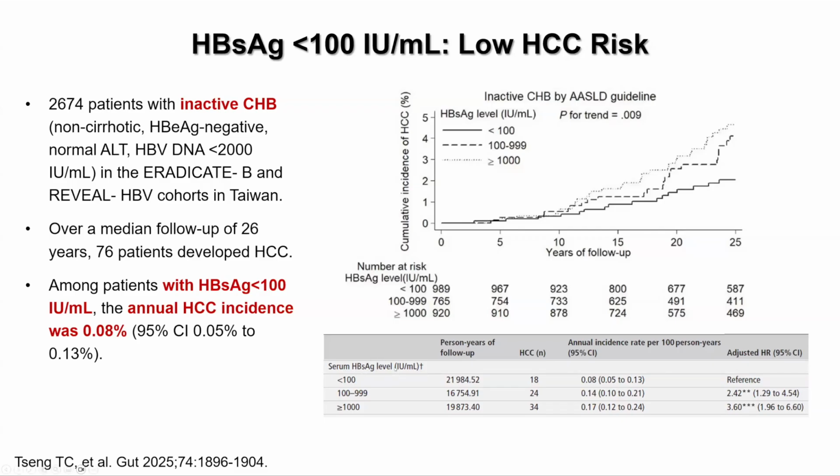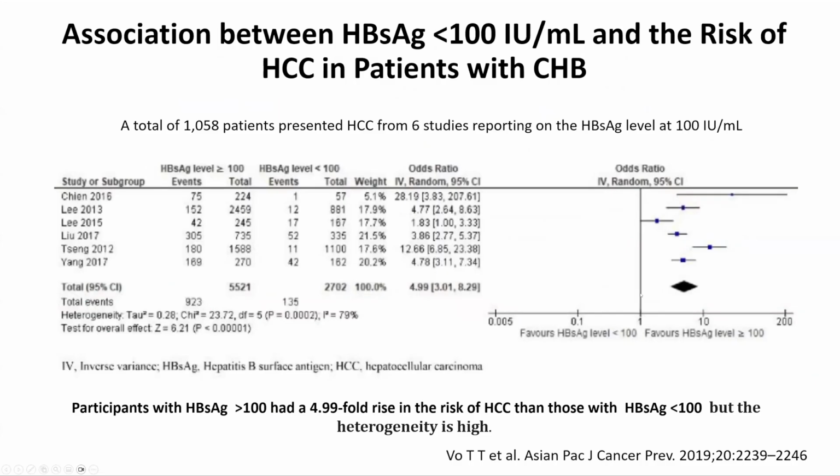In these long-term Taiwanese cohorts of patients with inactive hepatitis, those with HBs antigen below 100 had the lowest annual HCC incidence, just about 0.08%, extremely low. So as the patients had lower HBs antigen levels, they had a lower risk of developing HCC. Pooling six studies makes the same point quantitatively.